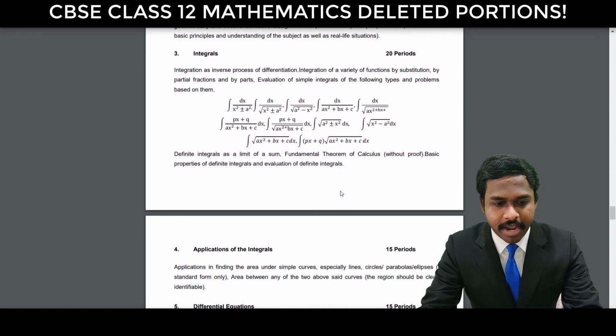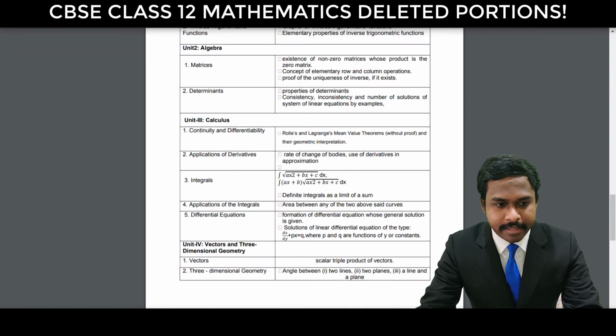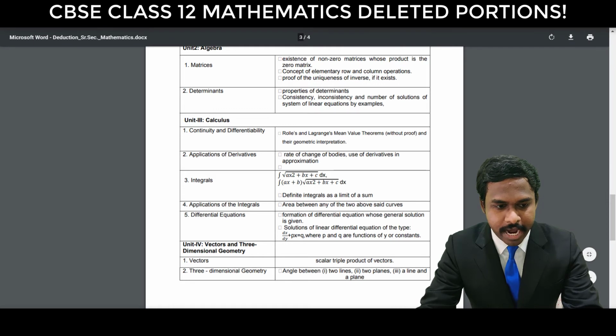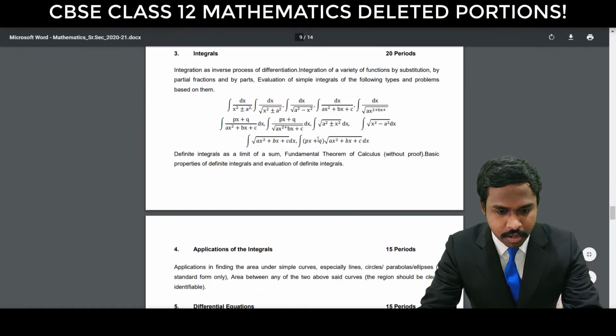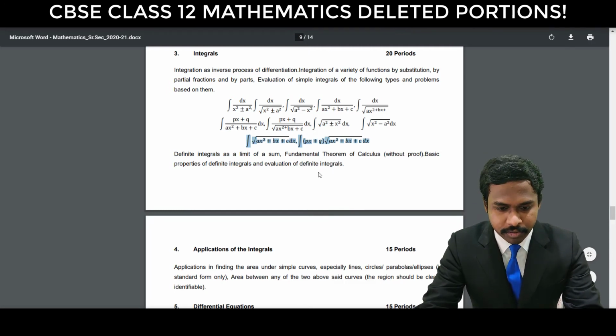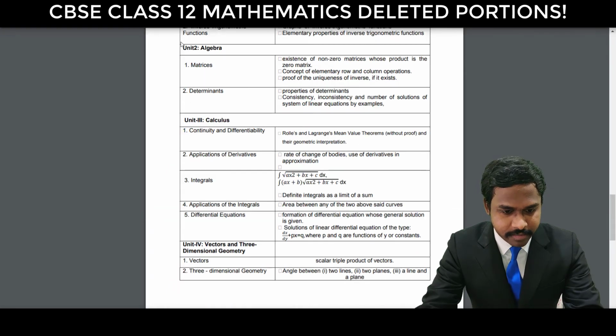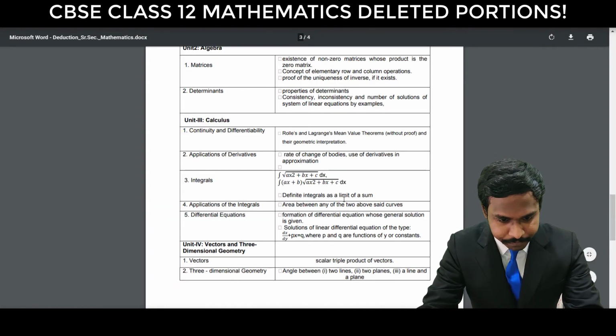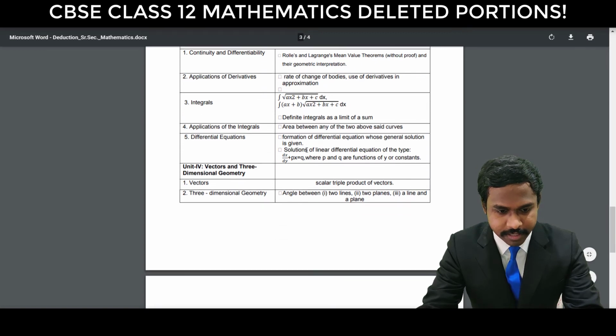And then comes integration or integrals. In this, we have these two types that are not there, so you don't have to learn these two types. So these two are not there in the syllabus right now, so you don't have to learn these. And also in integration, definite integral as limit of a sum is also not there. So definite integral as the limit of the sum is not there.